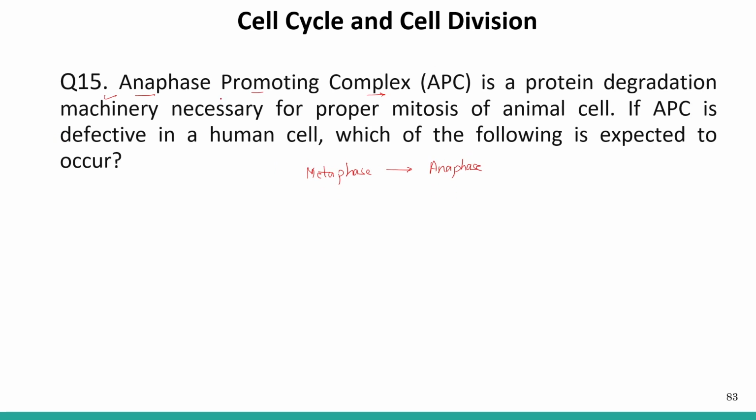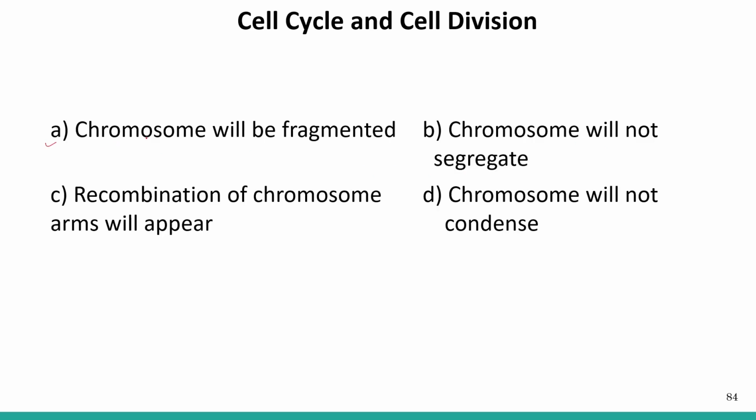Let's look at the question again. Anaphase promoting complex is a protein degrading machinery necessary for proper mitosis of animal cell. If APC is defective in human cell, which of the following is expected to occur? The options are: chromosome will fragment, chromosome will not segregate, recombination of chromosome arms will appear, or chromosome will not condense.